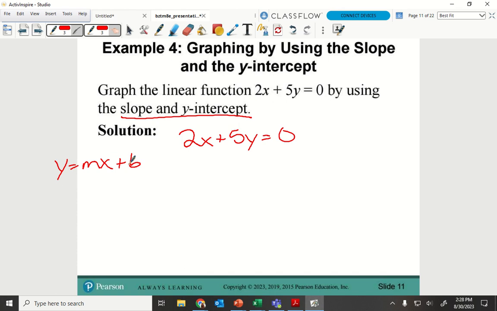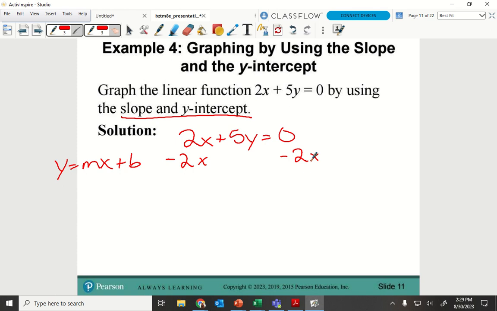So the first thing I do is get rid of my 2x. My 2x is being added to my 5y. So the opposite of that addition is subtraction. To undo that, I need to subtract 2x from both sides of my equal sign, because the golden rule in math says do unto one side as you do unto the other.